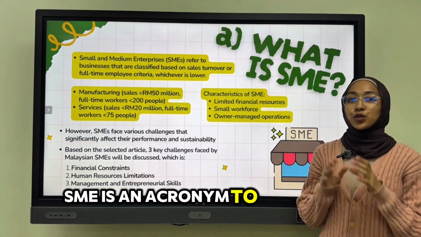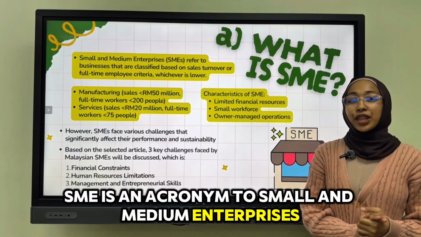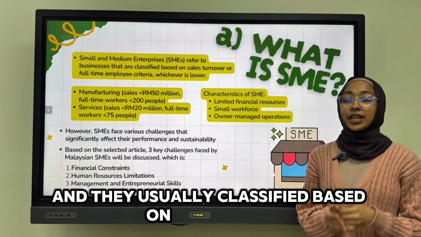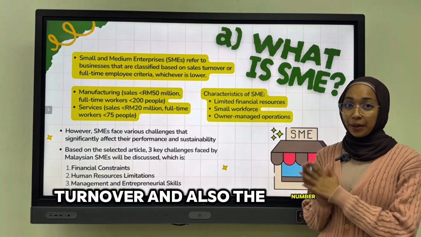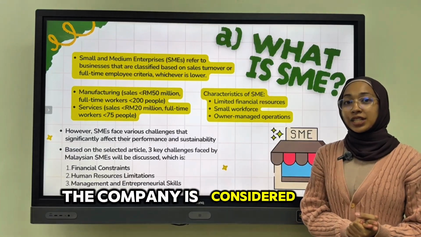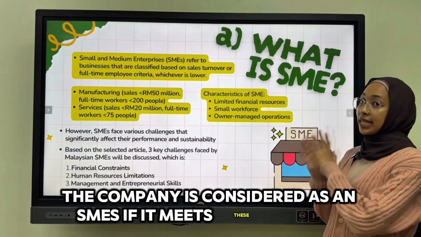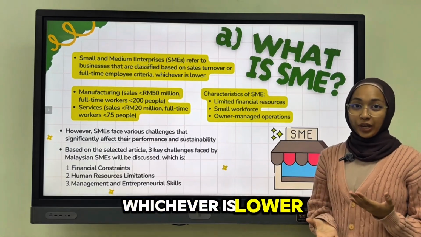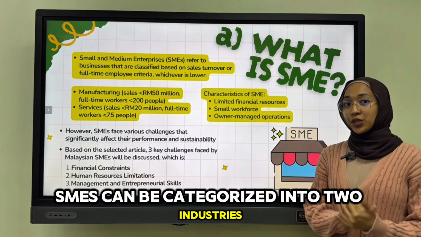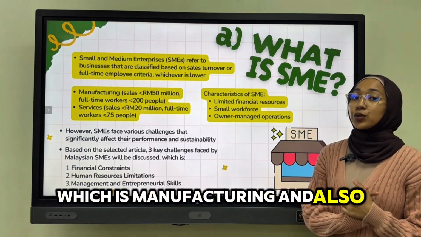SME is an acronym for small and medium enterprises. These are businesses that are not very big and they are usually classified based on their sales turnover and also the number of full-time employees. In Malaysia, a company is considered an SME if it meets these criteria, whichever is lower. According to LHDN, SMEs can be categorized into two industries, which are manufacturing and services.